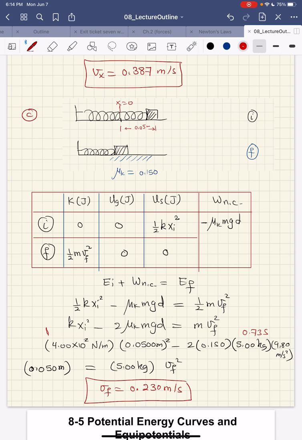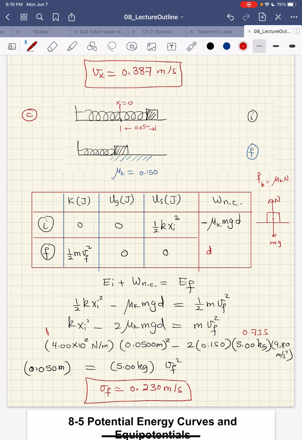Here I am calculating the work done by non-conservative forces. And remember, the force of friction, Fk, is mu k times the normal. In this case, mg equals the normal. This is the reason why I have it as mu k times mg.